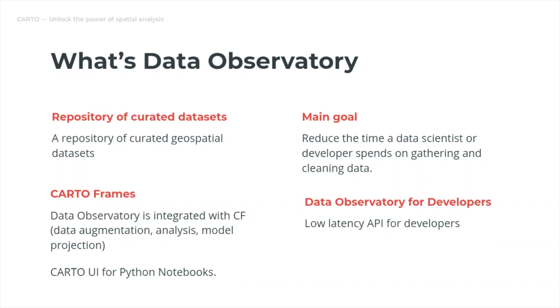CARTO created a partnership with Google one month ago, more or less, to offer public data sets from CARTO in the BigQuery catalog. What is the idea here? For example, imagine you receive one day a data set with the revenue of your customers, organized by zip code.